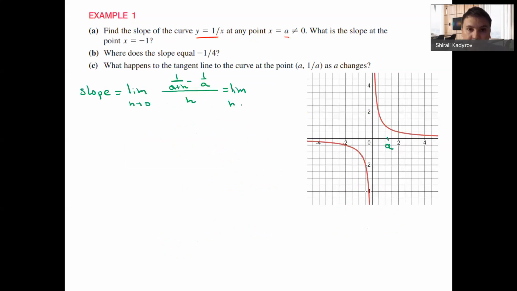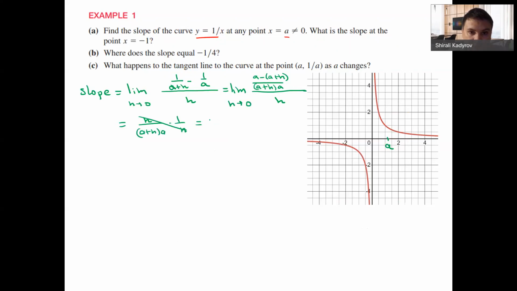Let's see what we get. At the bottom I have h. Here the common denominator is a plus h times a, and the numerator is a minus a plus h. So a is cancelled. What we see is h in there. So minus h divided by a plus h times a, and here we have 1 over h. So h is cancelled. So I have some limit there anyway.